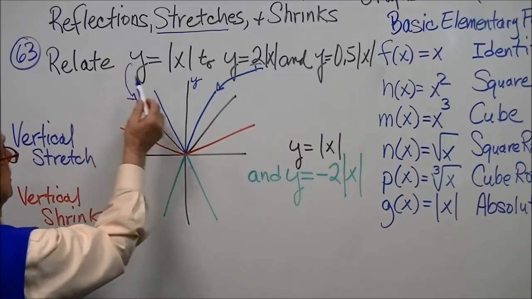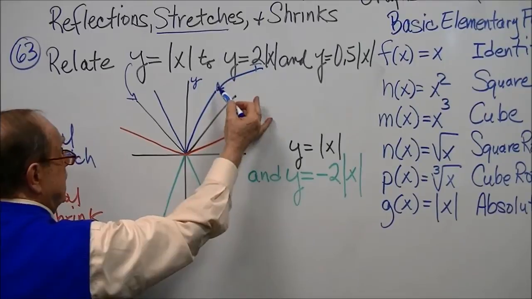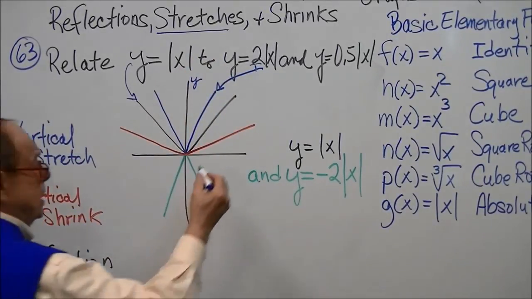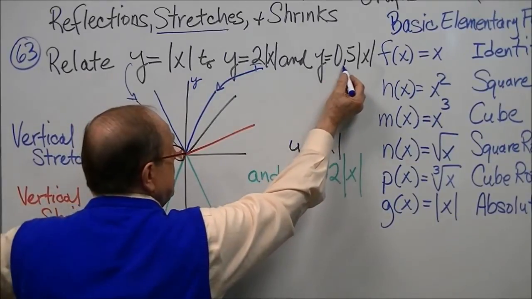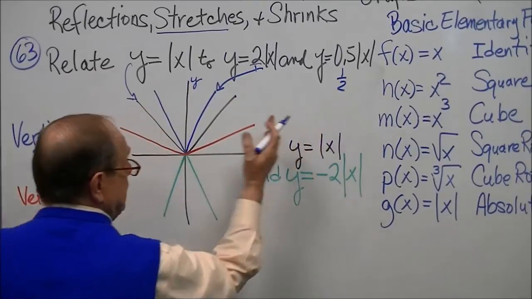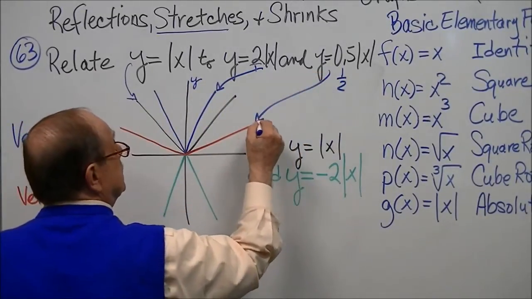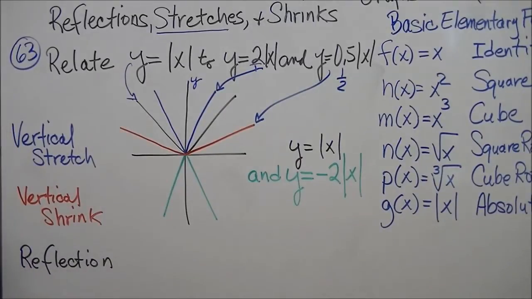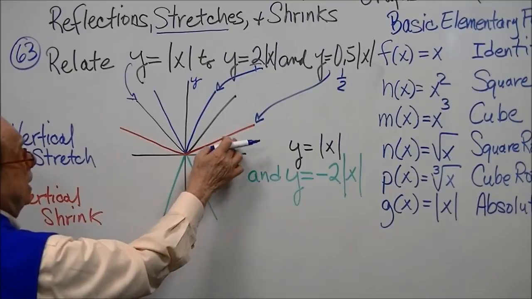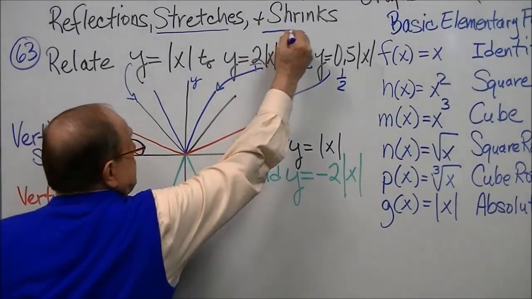So the relationship of this to this equation, the black to the blue line, is a stretch. And when we compare it to this one, and remember 0.5 is like 1/2, that tends to broaden out, and that is this red line down here. In relation to this black line, the red line opens up more, we say it shrinks.